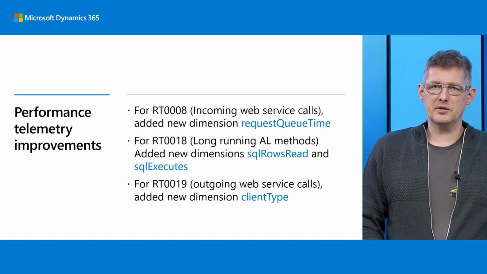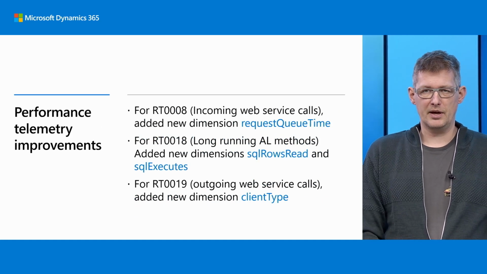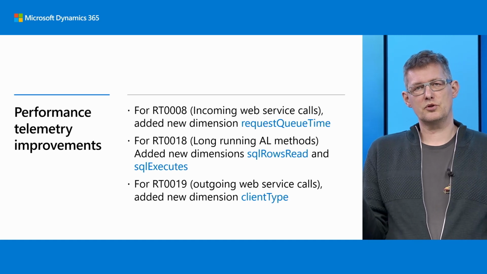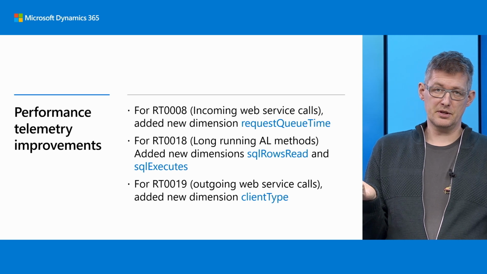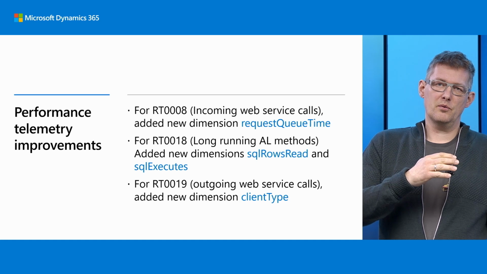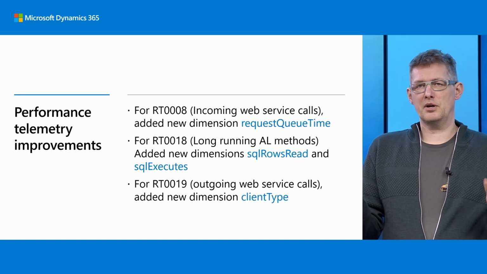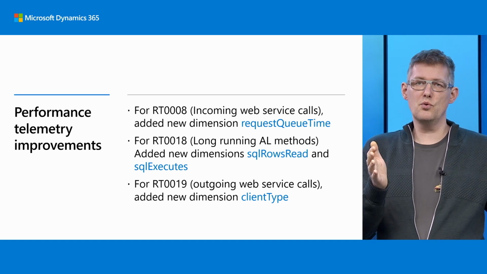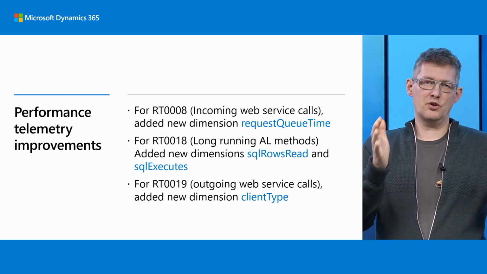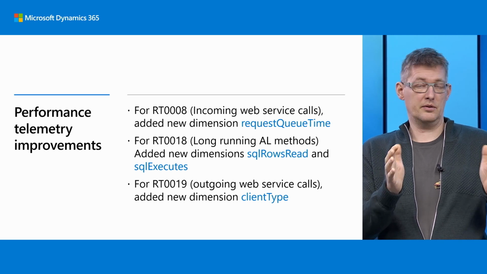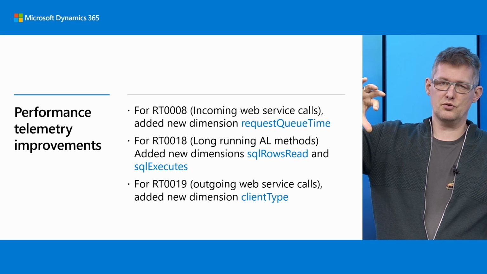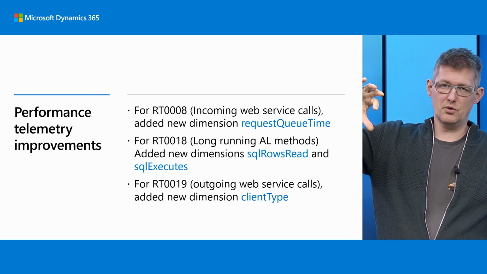For performance telemetry, we did at least 3. We probably have a few more. Incoming web service calls: whenever someone calls in with a web service to Business Central, online or on premises, we can only handle so much in the server. So we have a queue that incoming web service calls get into, and that queue size is currently 95, and then we have 5 concurrent slots to run web service calls.